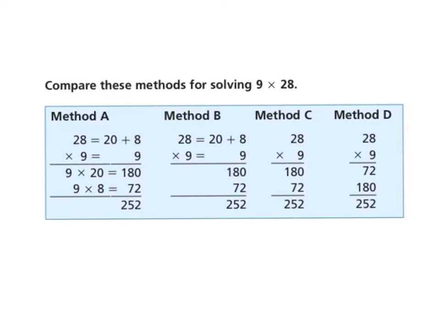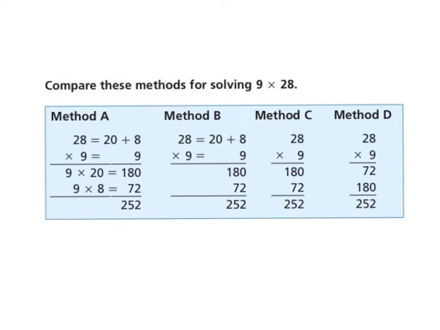They do it mentally, but still multiply the tens before the 1s, multiplying left to right. So in this problem, they're multiplying first from left to right. They're doing 9 times 2, which is our tens, and then they get 9 times 8, which is our 1s. So in Method C they multiply the tens first, then multiply the 1s.